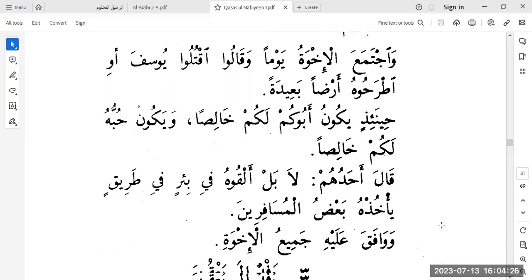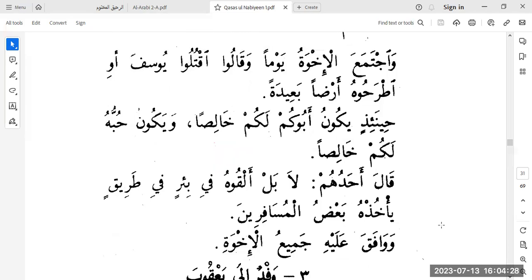Qala ahaduhum, one of them said, la, no, don't do that. Bal, rather what you do is alquhu. Now alqa also means to throw, and itrahu that we read there also means to throw. Rama also means to throw, but there is a slight difference. Bal alquhu, but throw him. So this is form 4 here. Alqa yulqi, like we have afa'ala, akbala, aslama.